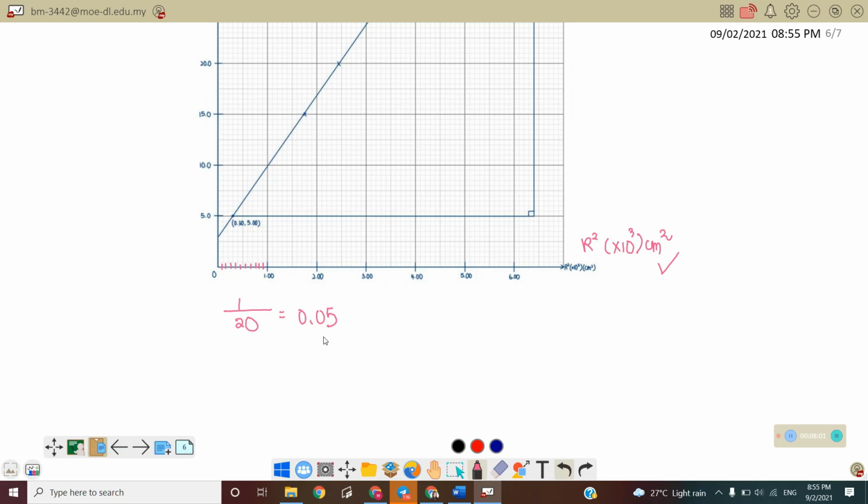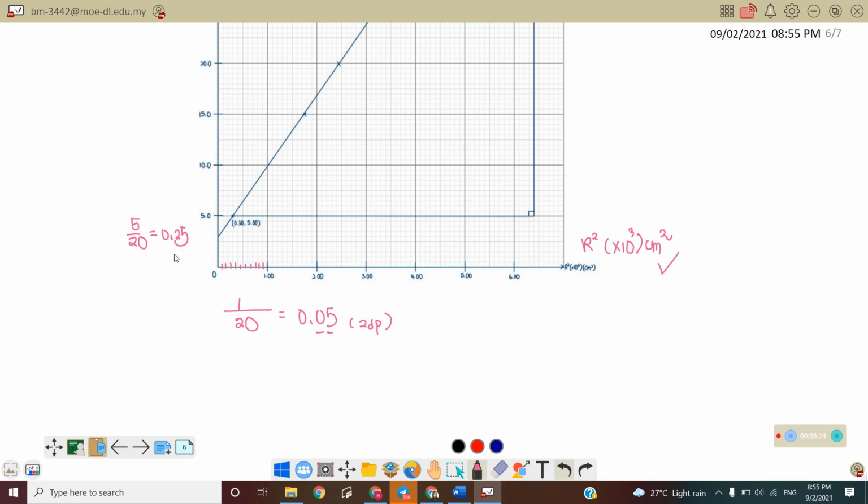0.05, meaning that later when we substitute the value into x-axis to find r squared here, you must write 2 decimal places. Okay, for y-axis again, 5, so 5 over 20 because half of the smallest scale. So we press calculator, 5 over 20, you will get 0.25.